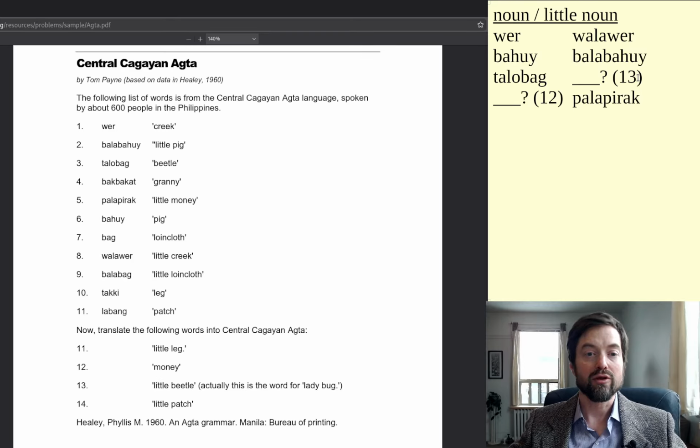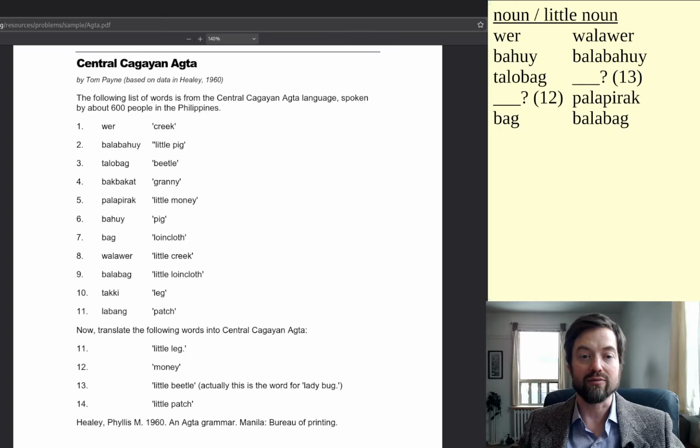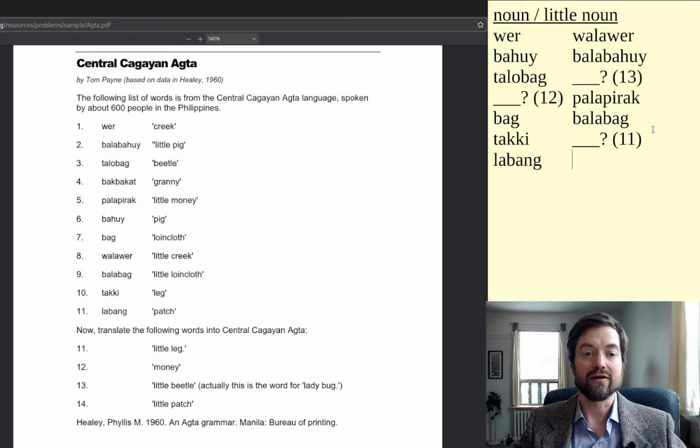Then we have bag is loin, so we have bag and balabag. And we have little creek. Oh, we have that already. Little loincloth. Okay, leg, taki. Okay, taki again. Oh, there, yeah, there's taki. But then we want little legs, so that's going to be 11. And finally, we have patch, labang, and then we have 14.